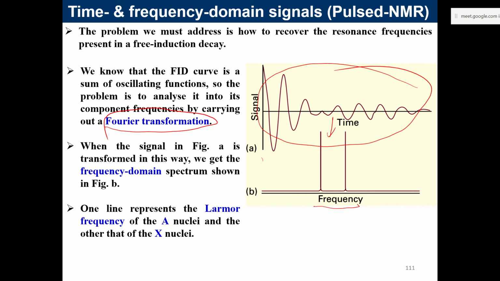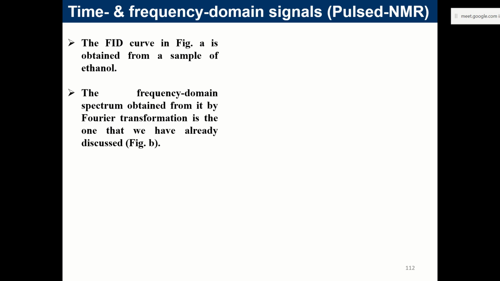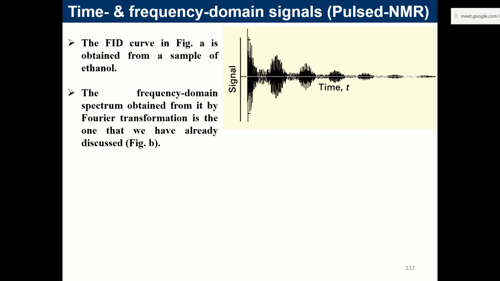The FID curve of a typical example: we are going back to ethanol, CH3CH2OH. In a molecule such as ethanol, where you have 6 protons, which are all magnetically active, what kind of pulse profile will there be?